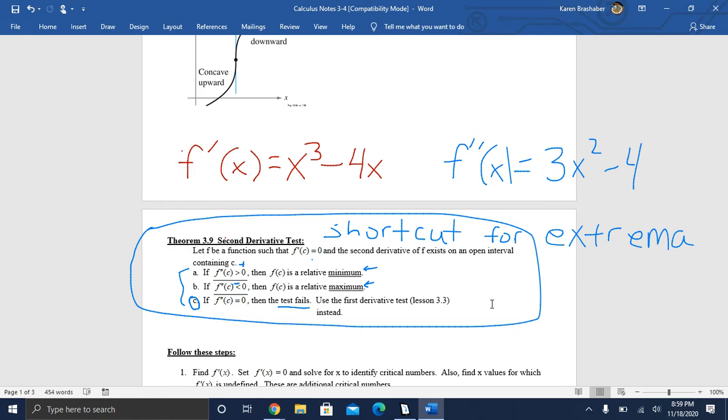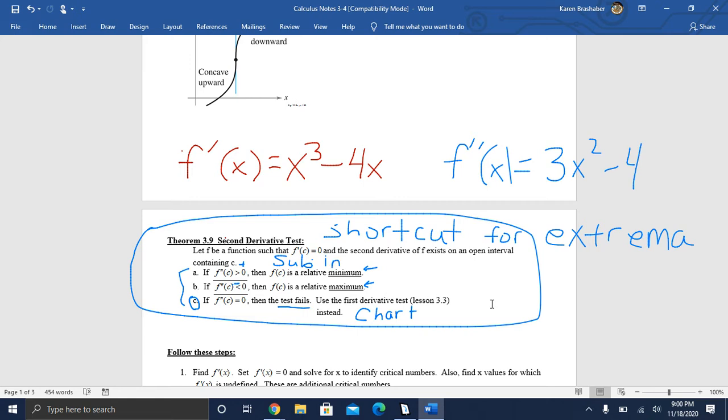Now, I want to be sure that I'm clear about when I'm saying f double prime is positive or f double prime is negative. Because notice that it has a c substituted in for the f double prime. Those c values are the critical numbers. So you're substituting in critical numbers, and that's what we're looking for.